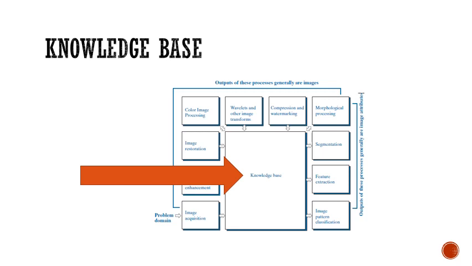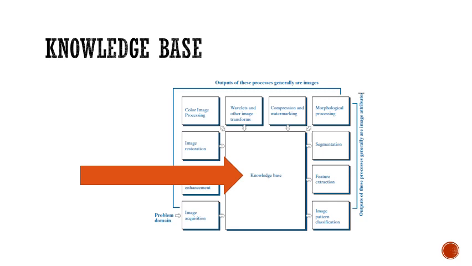The knowledge base can also be quite complex, such as an interrelated list of all major possible defects in a materials inspection problem, or an image database containing high resolution satellite images of a region in connection with change detection applications, and so on.